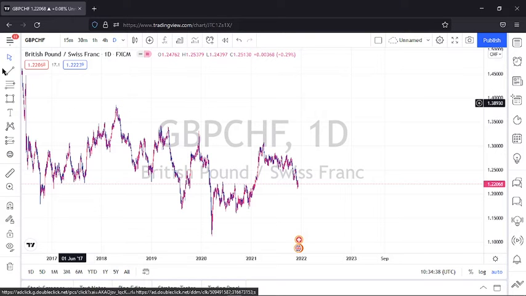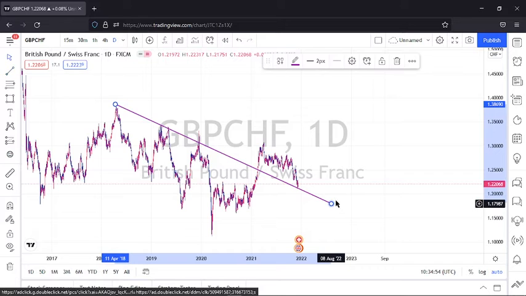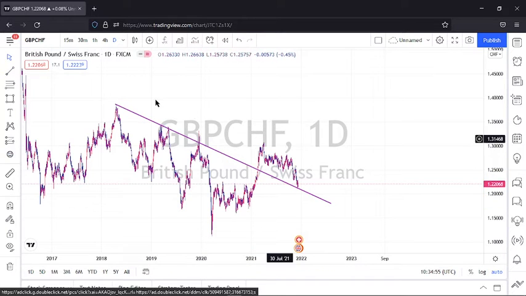From my left, I've been able to identify a trend right here. There's a serious trend right here. This is a strong trend. So now what else am I seeing?